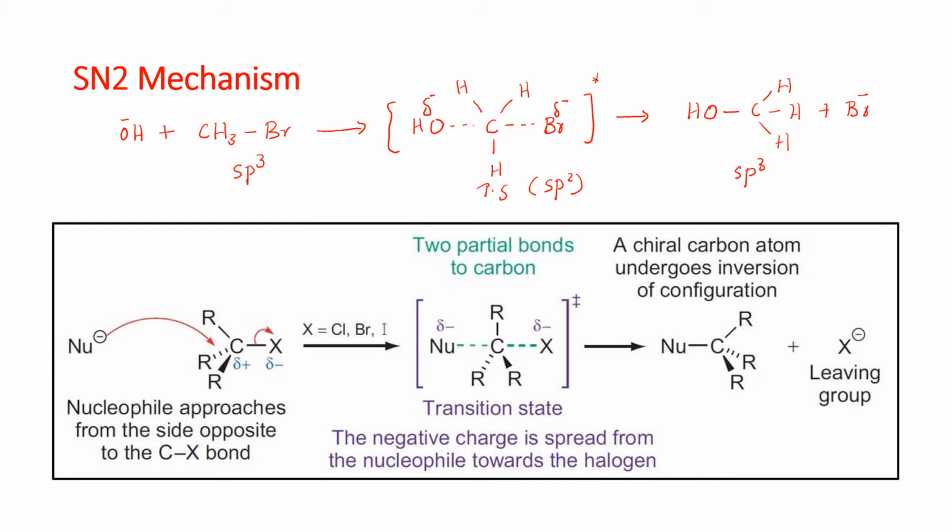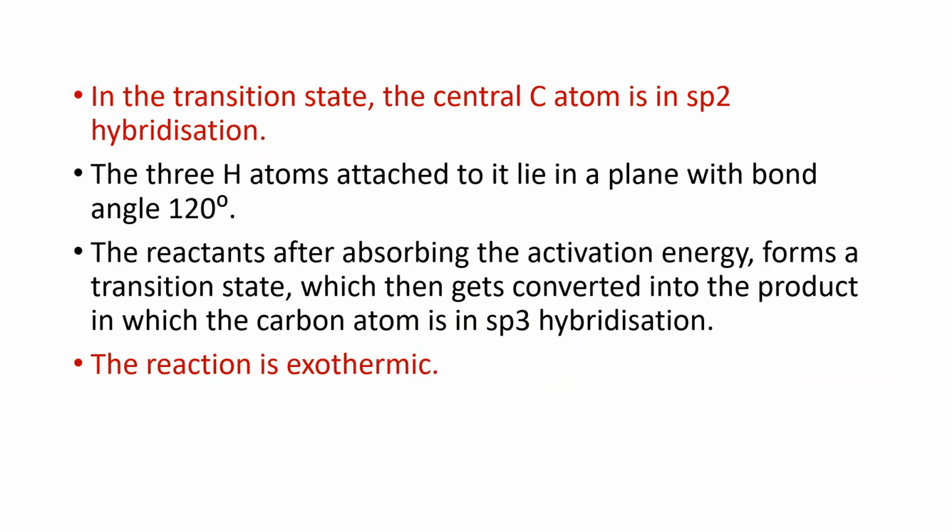That means if you start with a chiral carbon, in this example you can see different alkyl groups are attached to the carbon atom, then that alkyl halide will be a chiral one, and in this case there is the probability of formation of inverted product. So if you start with an R alkyl halide, the product formed will have S configuration. So SN2 reactions are accompanied by inversion of configuration.